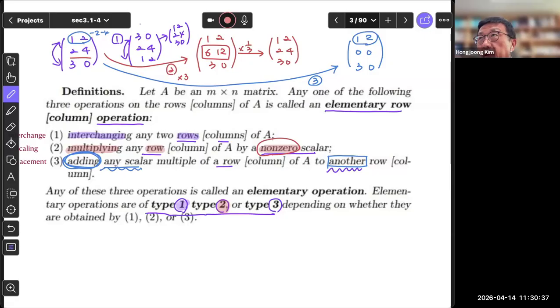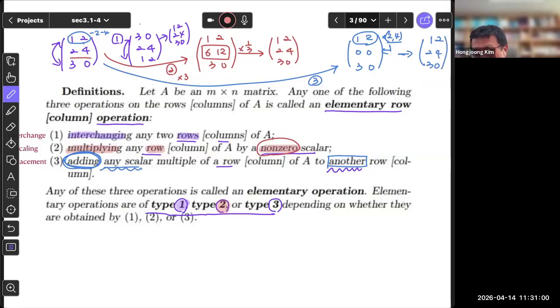What is the negation of -2? +2. So if I multiply +2 to this 1 and 2, you get 2 and 4. If I add this 2 and 4 to the second row, what do you get? You get 1, 2, 2, 4, 3, 0.